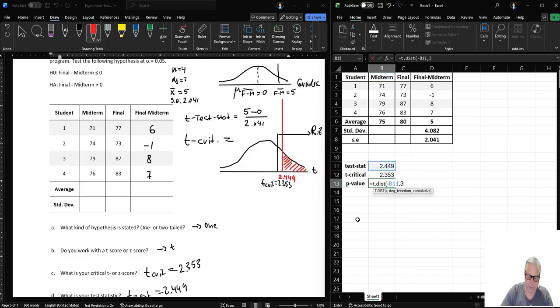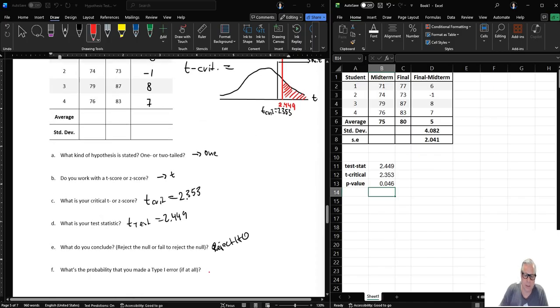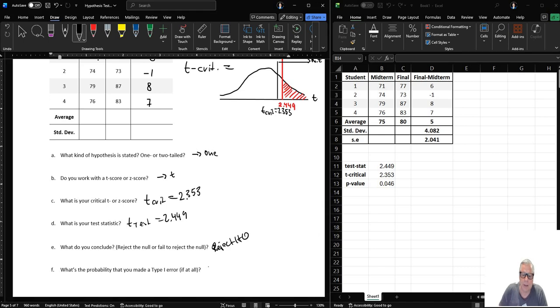I still have 3 degrees of freedom, and I want it to be cumulatively, so comma 1, close parentheses. And of course we need to have a probability of less than 5%, and we get 4.6%. So the probability that we made a type 1 error is p equals 0.046.